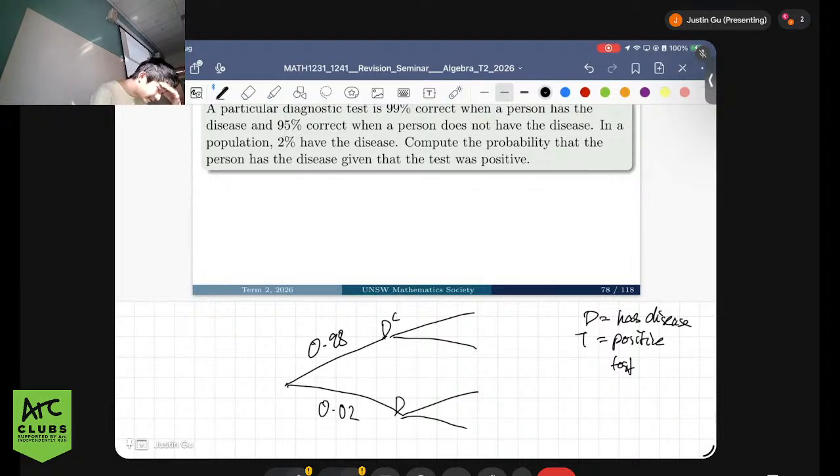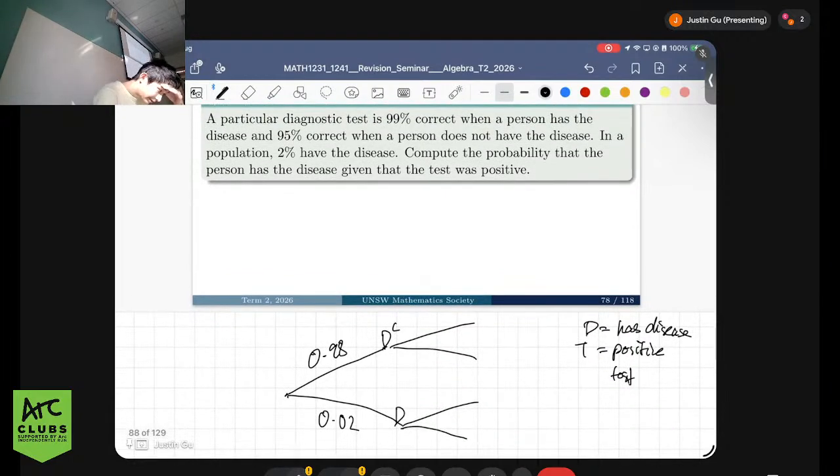When they do have the disease, 0.95 of the time they have a positive test and a 0.05 chance they do not have a positive test.